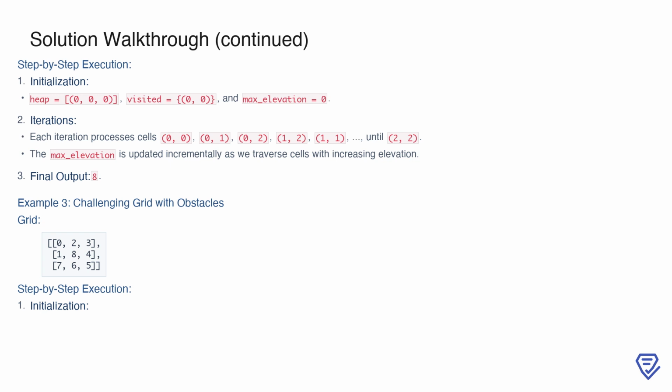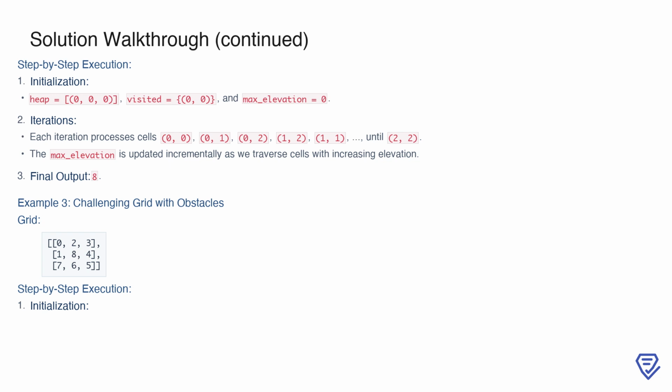Now, we look at a slightly larger 3x3 grid. The approach remains the same: use a min heap to prioritize cells with lower elevations, update the max_elevation as we traverse, and track visited cells to avoid revisiting. Starting with cell (0, 0) at elevation 0, we incrementally process cells in the order of their elevation.